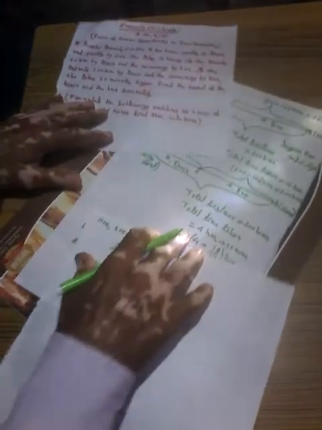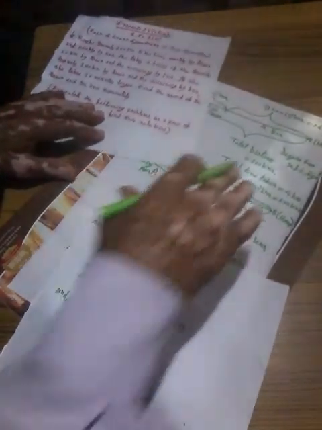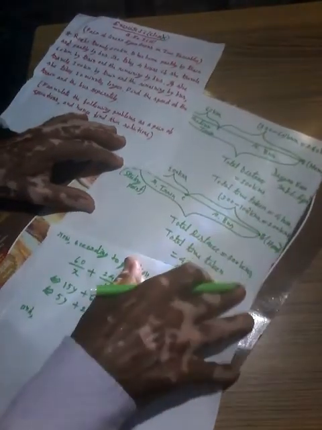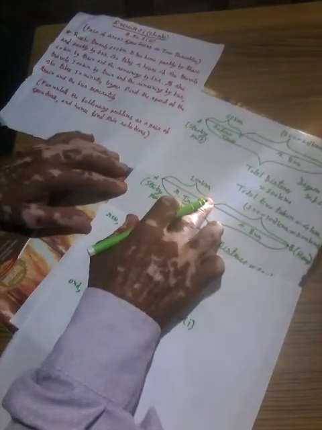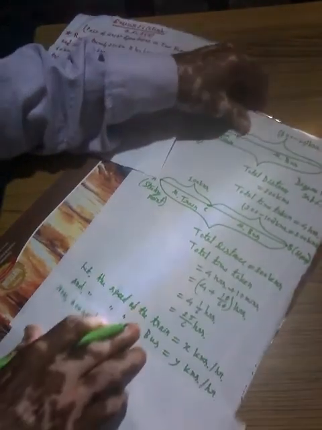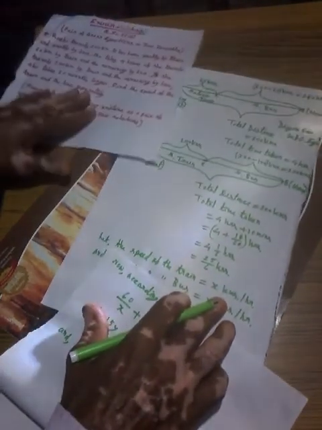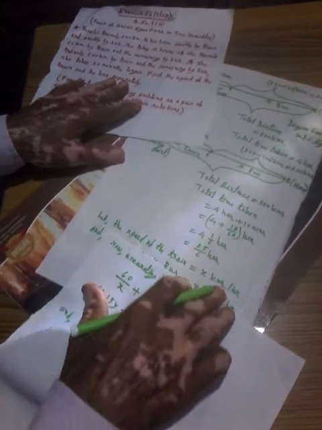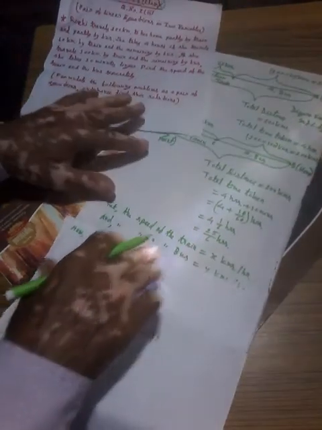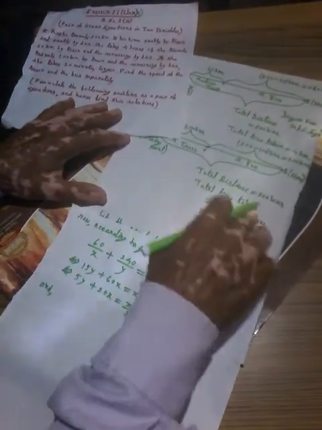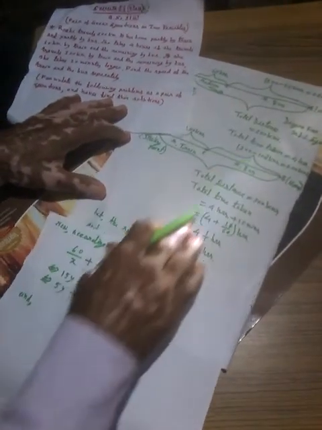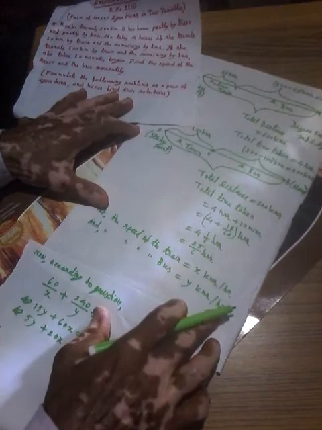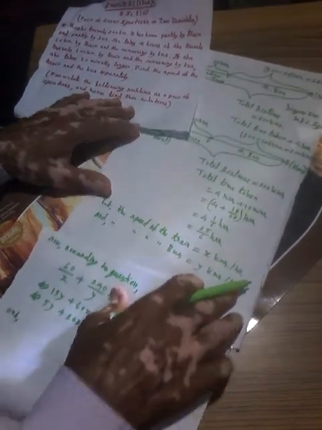And the time taken to cover a distance of 100 kilometers when the speed of the train is x kilometers per hour, and the time taken to cover a distance of 200 kilometers by bus when the speed of the bus is y kilometers per hour.